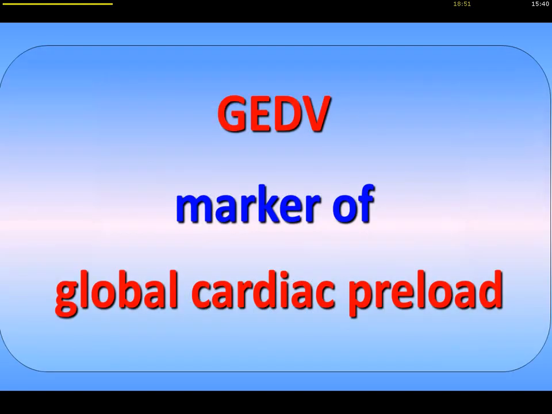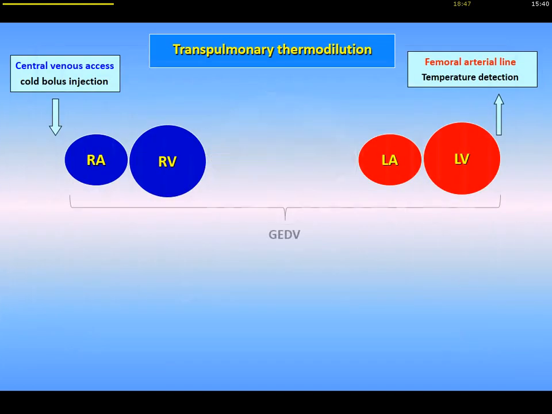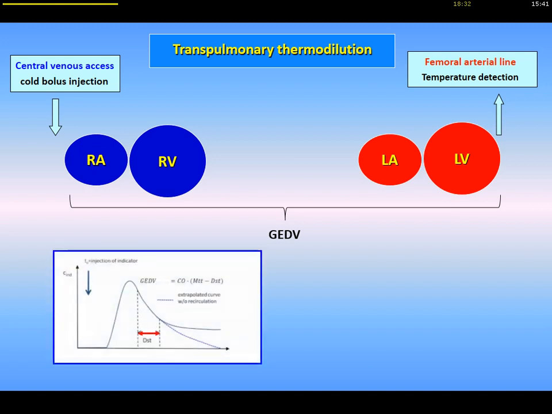GEDV is a good marker of global cardiac preload, and it is in fact the sum of the maximum volume of the four cardiac chambers: right atrium, right ventricle, left atrium, and left ventricle. And if you use a Pico, this is measured by this variable, DST, downslope time.